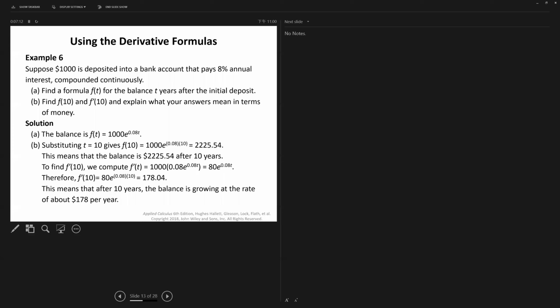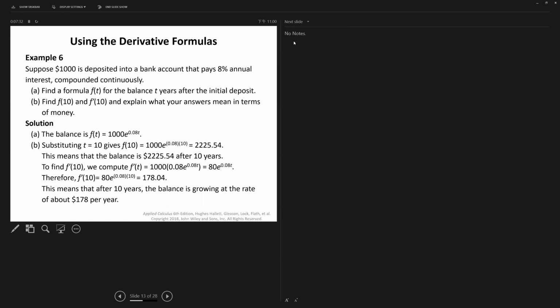All right, let's take a look at this example together. Suppose $1,000 is deposited into a bank account paying 8% annual interest compounded continuously. A, find the formula f of t years after the initial deposit, and B, find f of 10 and f prime of 10.